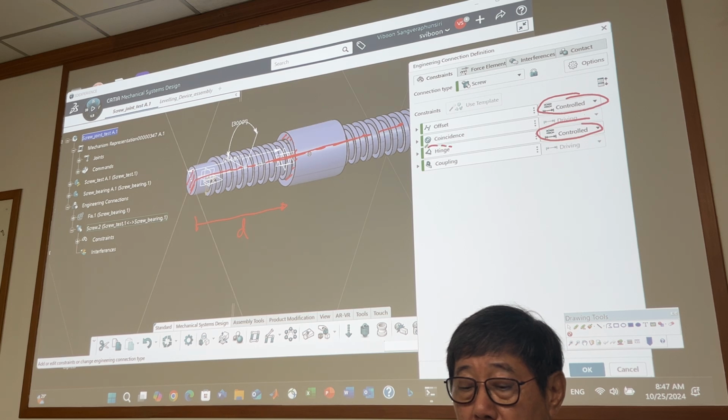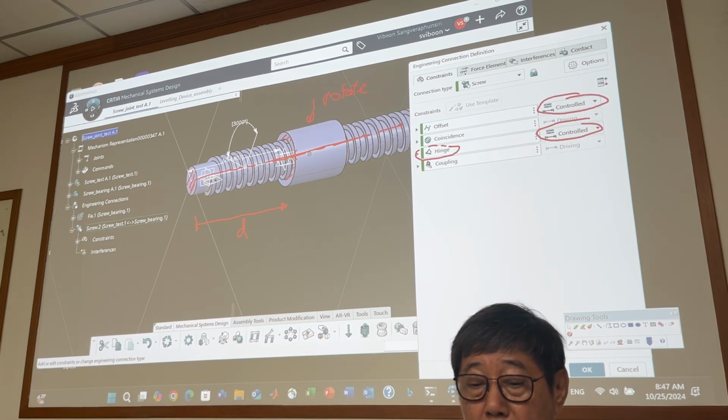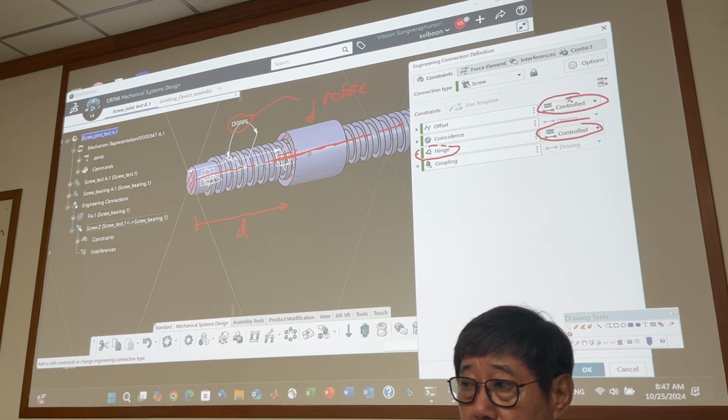Hinge and go, right? So this one also rotates, right? So you have an angle. You can set the plane, this angle, right? Two planes, between this and the plane between these joints. Angle, right? This is the angle. This is what? Control, right? And you have coupling.